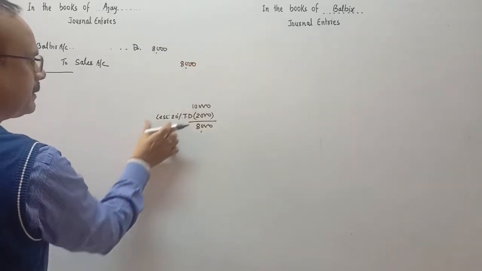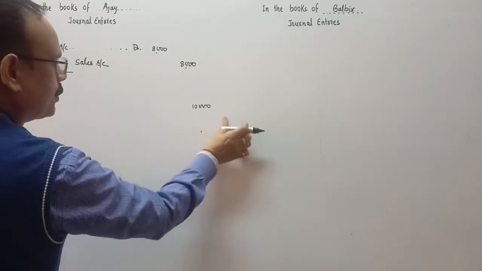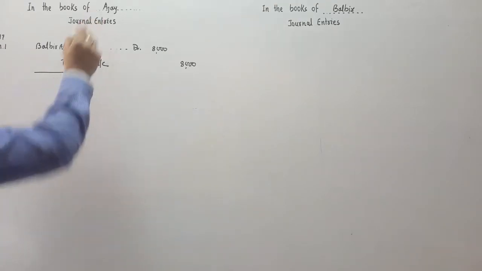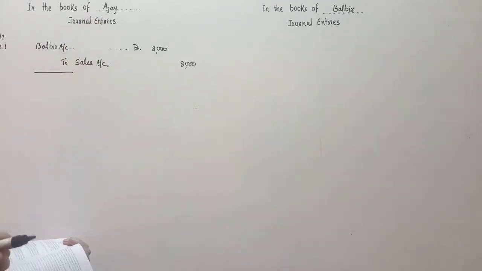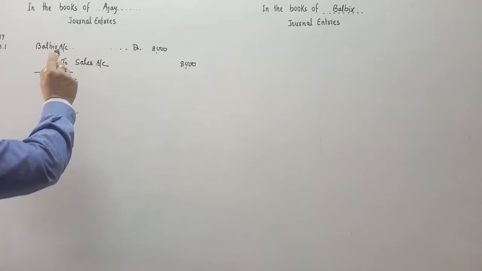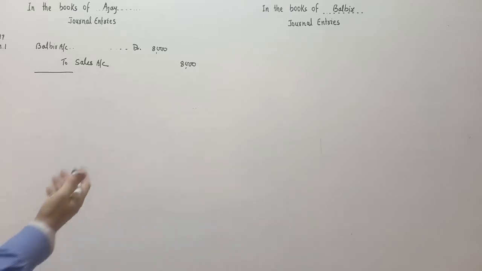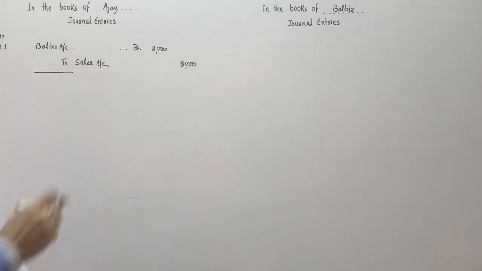Is it clear? Being goods sold on credit. So the first entry the seller Ajay will record in his book is Balbir account debit. Balbir is the receiver. Which account does Balbir come under? Personal account. Debit the receiver, and sales is credit. All incomes and gains are credited.